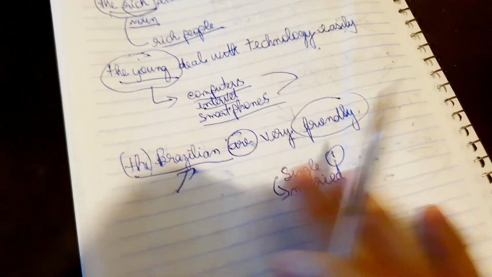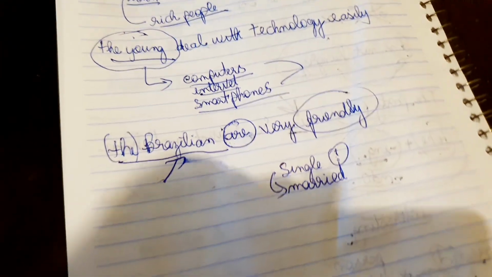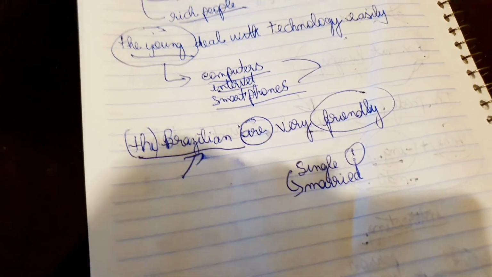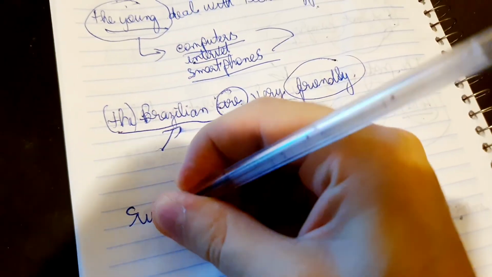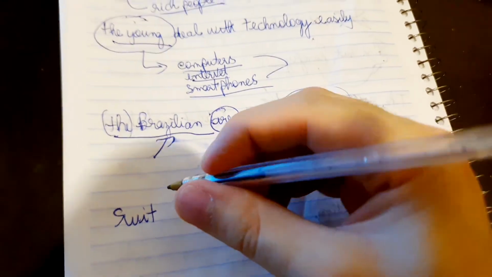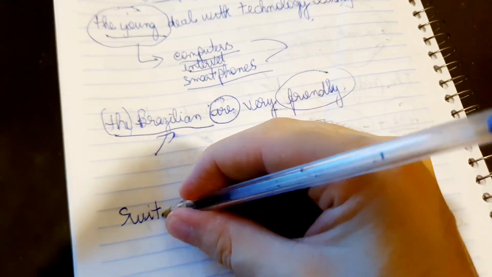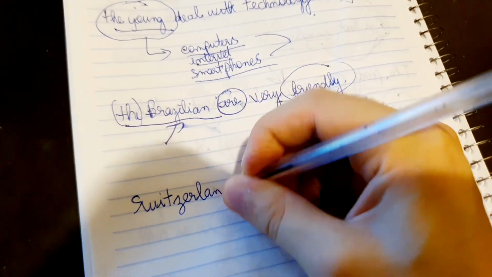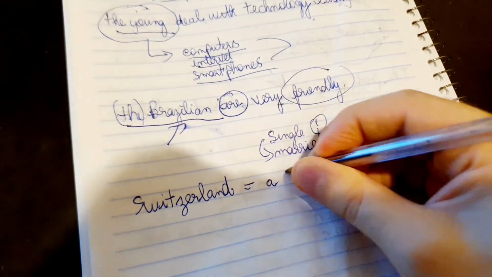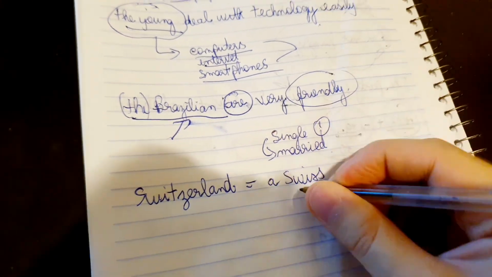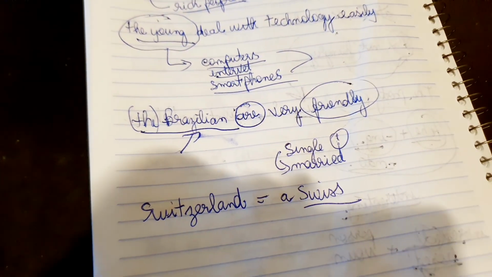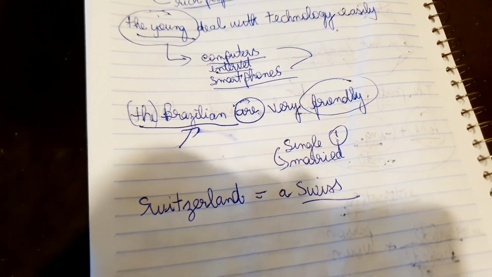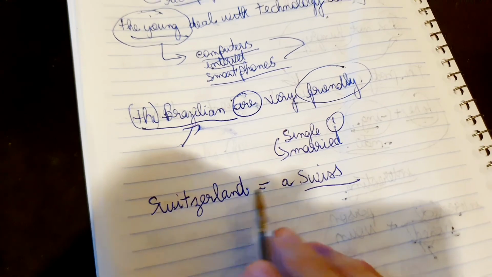There are some nationalities which are written differently. For example, a person who was born in Switzerland is a Swiss, right? A person who was born in Switzerland is a Swiss.